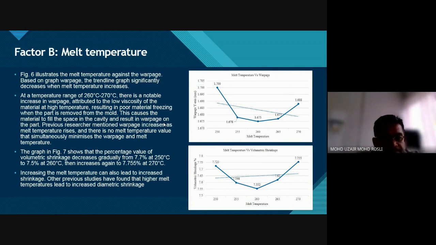Figure 7 shows that the percentage value of volumetric shrinkage decreased gradually from 7.7% at 250 degrees to 7.5% at 260 degrees, and it increased again to 7.7% at 270 degrees. So increasing the melt temperature can also lead to increased shrinkage. Other previous studies have found that higher melt temperature leads to increased diametric shrinkage.